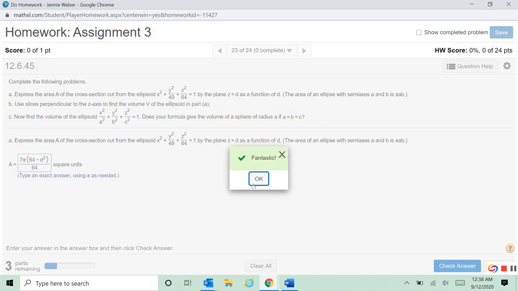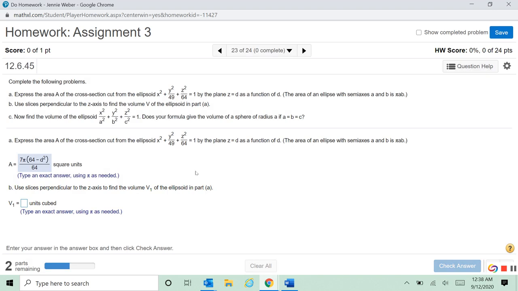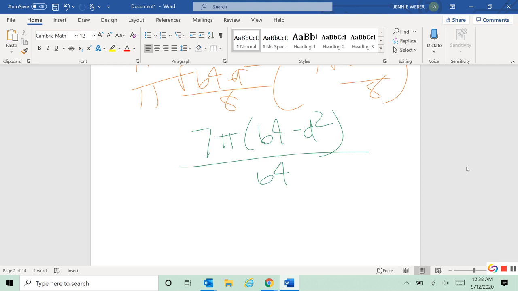Okay, now the next step is we want to use perpendicular slices to find the volume. So we are going to integrate with regards to z. So now I'm going to integrate this here, what I just found, right?